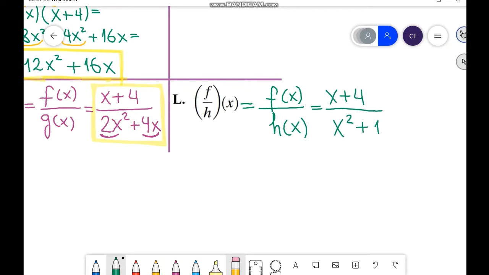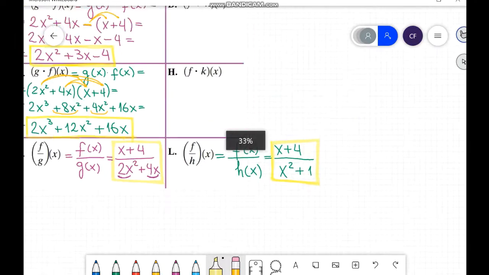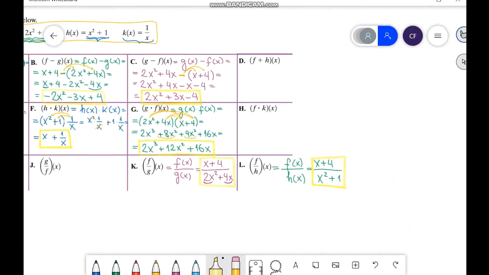Same thing, there's nothing here to be simplified, nothing that we can eliminate. The answer is that. That's the right answer. Thank you, Leonardo. Let me zoom out all the work we have done so far.